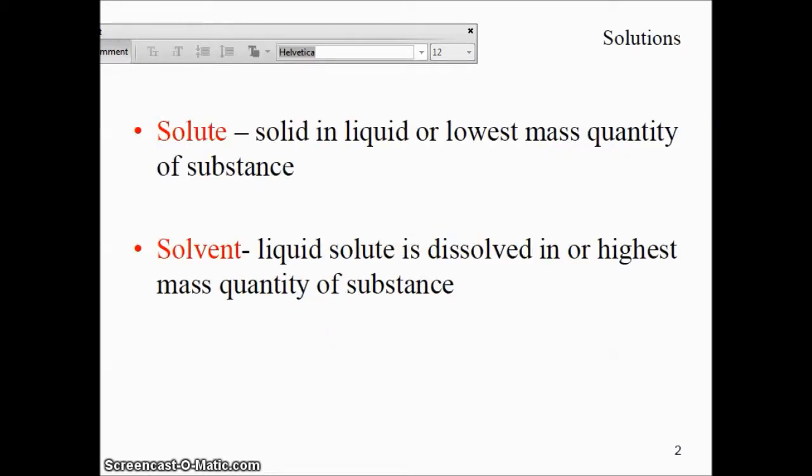So as you can perhaps realize, if a chemical reaction is occurring in a solution phase, when we are using the word solution, it basically means that it's a homogeneous mixture, and so there are two components for that. One is the solute, the other is the solvent.